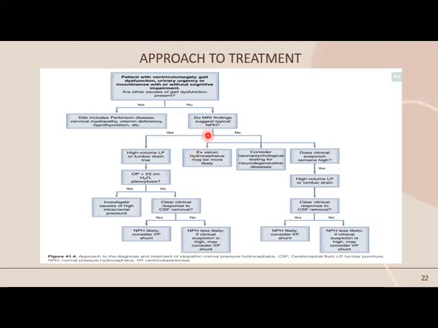And if the MRI findings do not suggest typical NPH, then we can rule out NPH. We can consider neuropsychological testing for neurodegenerative changes. And if the clinical suspicion is still high, then we follow the same procedure. We do a high volume LP drain, and if there is a response to CSF removal, then we do a VP shunt. And if no, but the suspicion is high, then we can proceed with the VP shunt.